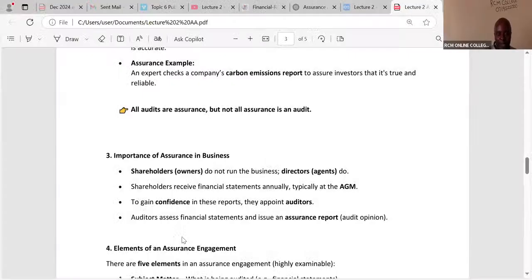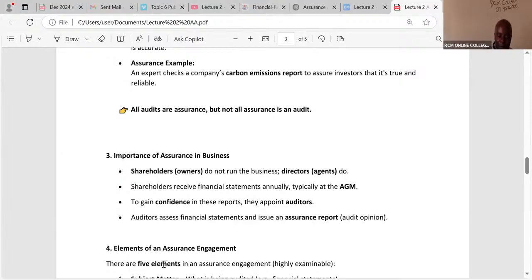So then we have the elements of any assurance engagement, and I've told you audit is part of the assurance engagement. Remember, for an assurance engagement to be valid, it must always have 5 elements. You may forget about everything, but you shall never forget the elements of an assurance engagement.